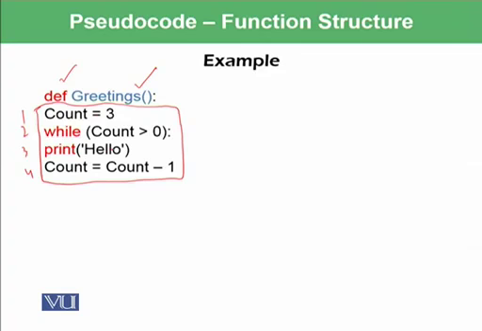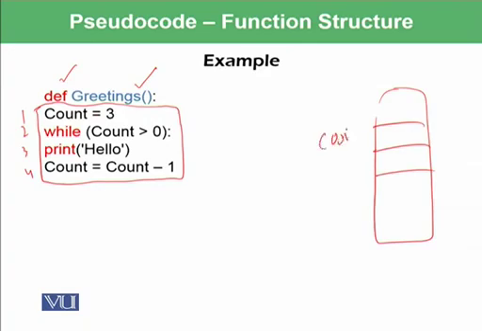What this will be doing: we have a RAM and we have a count somewhere in the RAM, and that has a value 3. It is checking while count is greater than 0. Yes, 3 is greater than 0, so print hello. Hello is printed on the screen, and then count is assigned count minus 1, so this count becomes 2.